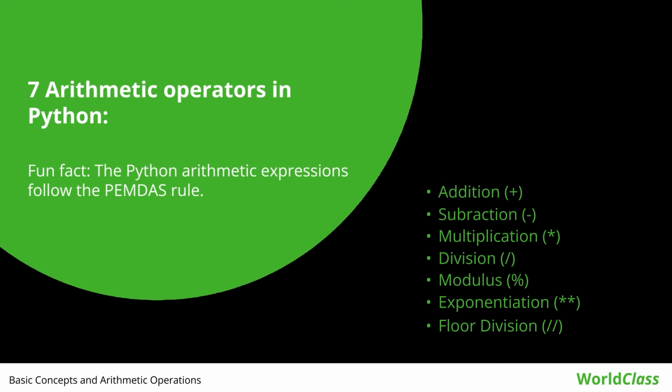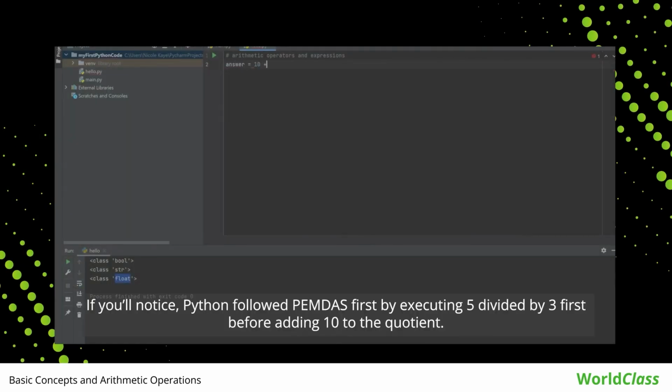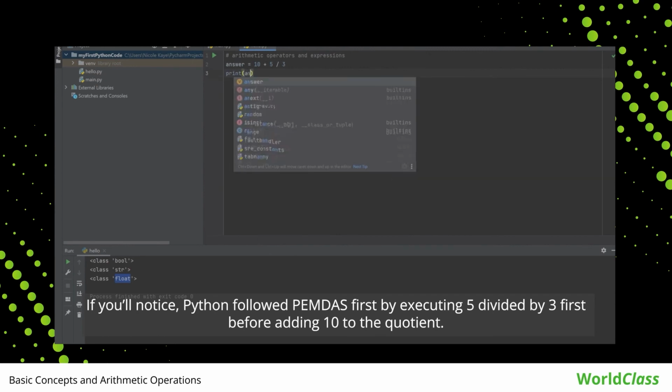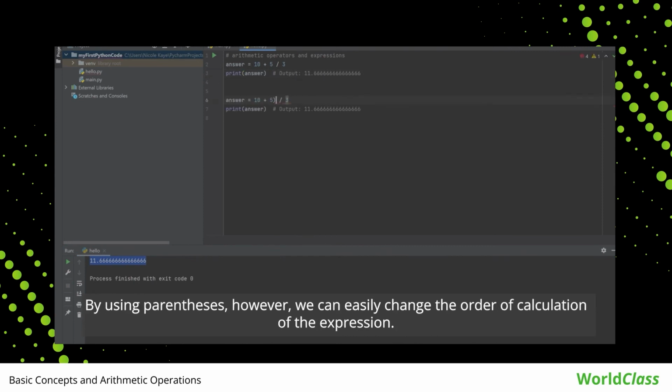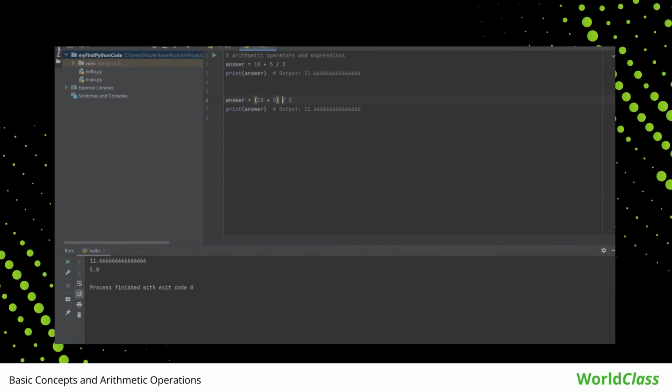What we have here in code are sample arithmetic expressions. If you'll notice, Python followed PEMDAS by executing 5 divided by 3 first before adding 10 to the quotient. By using parentheses, however, we can easily change the order of calculation of the expression.